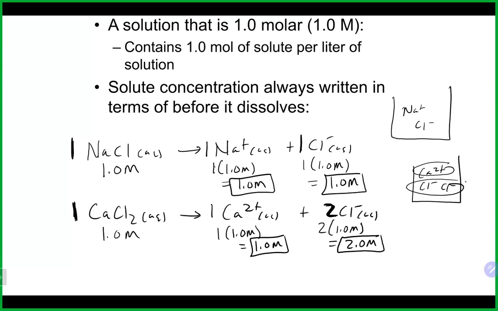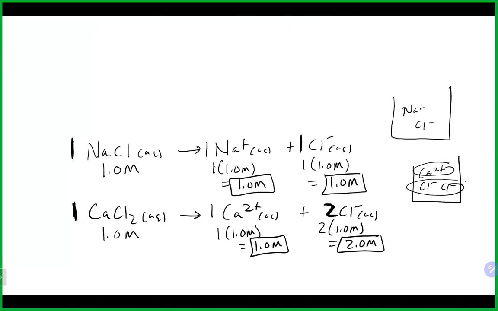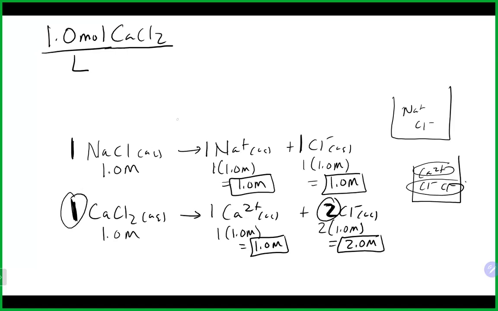I think I did the long version of that calculation for you last time, but one more time, just to show you sort of the long version of it. When we take something like 1 molar, we should get rid of the big M and turn it into moles per liter when you're doing a calculation. And this is calcium chloride, for example. We could do our 1-to-2 mole to mole relationship, just like in stoichiometry.